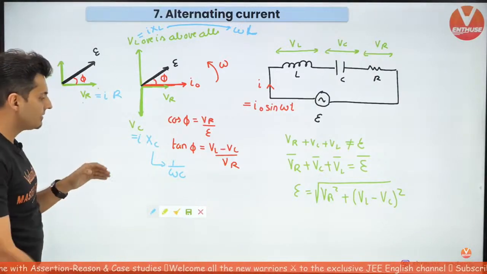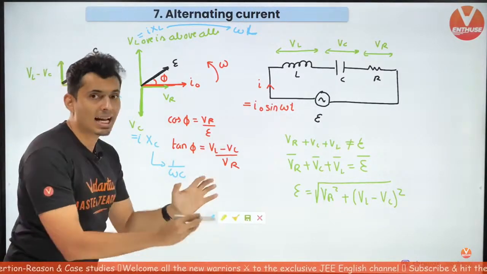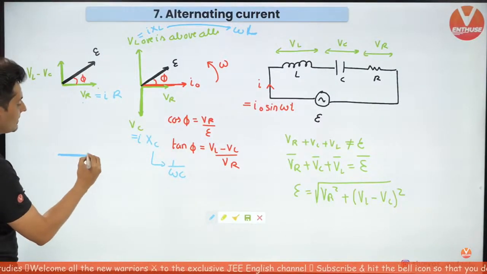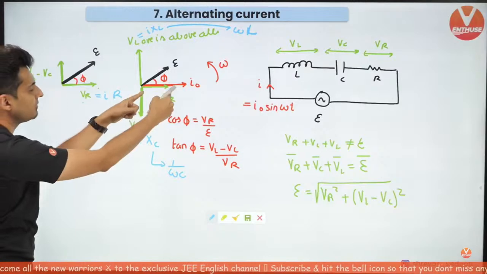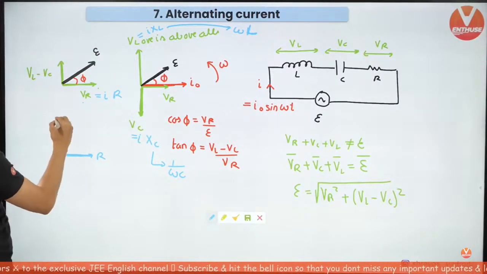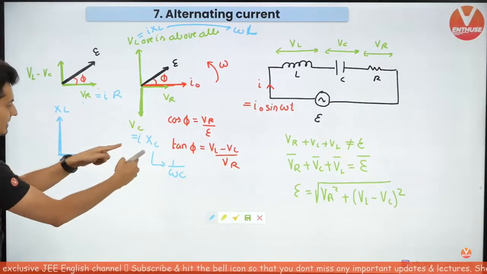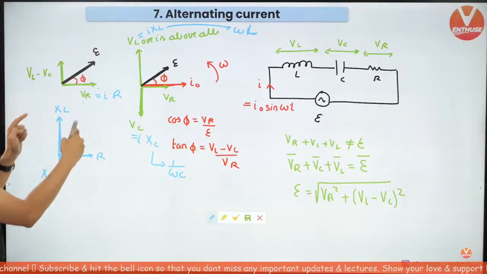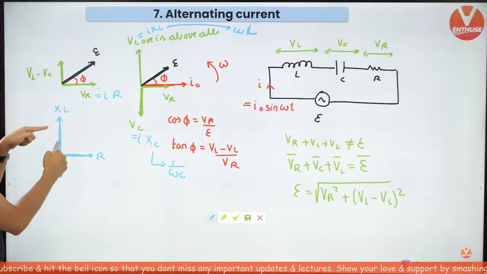So once you understand this, you can even draw a triangle for resistances. Look at this. You can draw resistance horizontally because VR is here. XL, you can draw it over here, and XC, you can draw it below. That's it. Now again, just like you did it over here, you take care of these two.